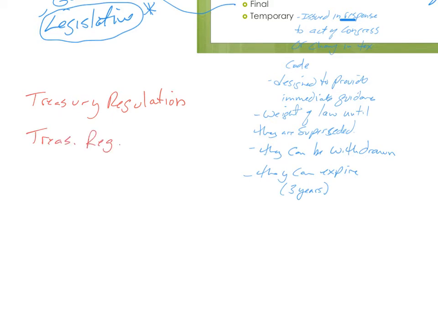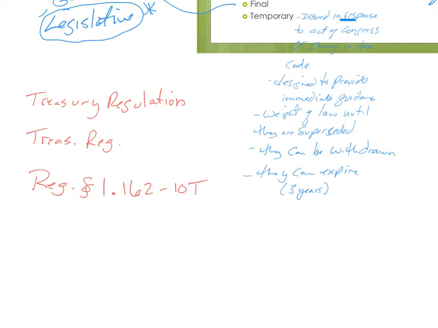You may see them as Treas Reg, or you may see them as just Reg, okay? I am fine with just Reg, okay? And then what are you going to see? Well, then you're going to see the little section symbol, all right, and then a number followed by a period. Okay, and so you may see something like that.